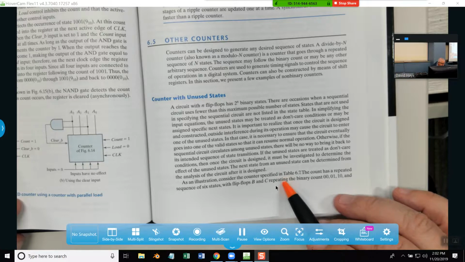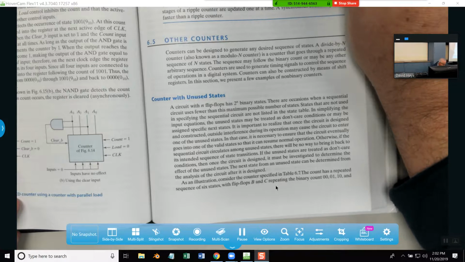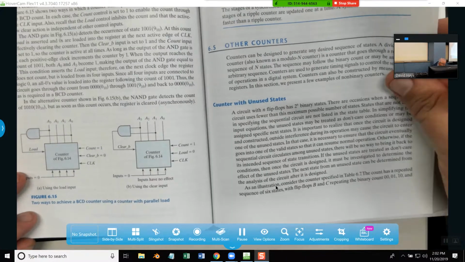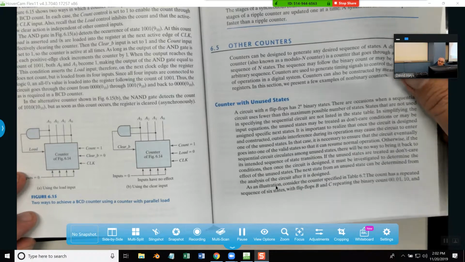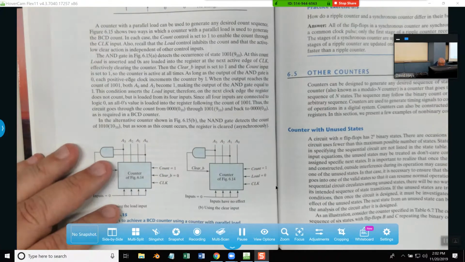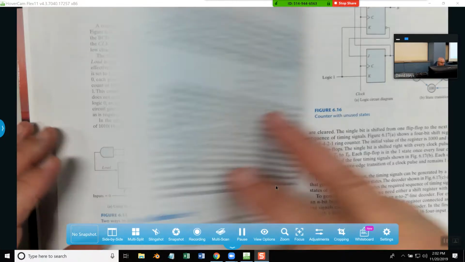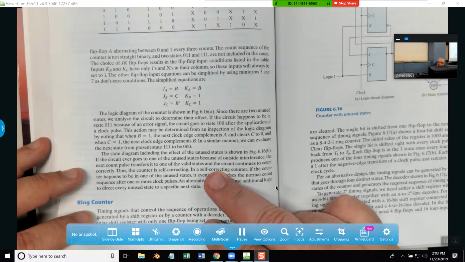Now, as an illustration, consider the counter specified in Table 6.7. The counter has a repeated sequence of 6 states, with flip-flops B and C repeating the binary count 0, 0, 0, 1, 1, 0. I expected it to go to 1, 1.